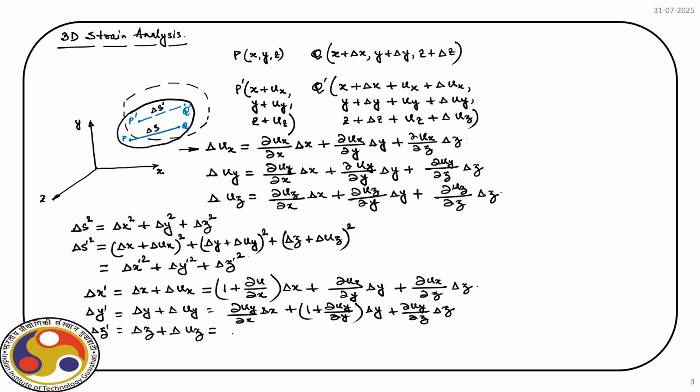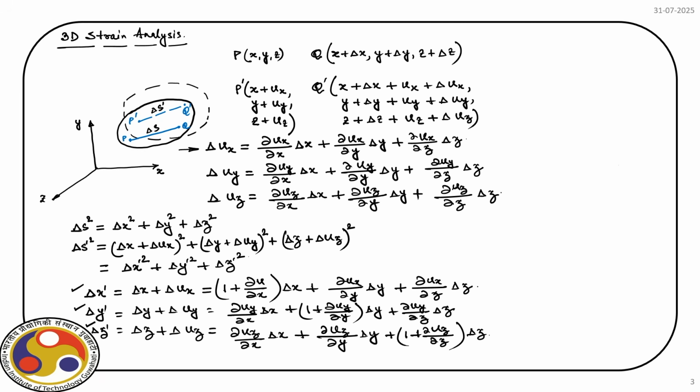And the last one is uz differentiated with respect to x times delta x, plus uz differentiated with respect to y times delta y, plus 1 plus uz differentiated with respect to z times delta z. Okay. So, we have all this incremental increase along x, y and z.